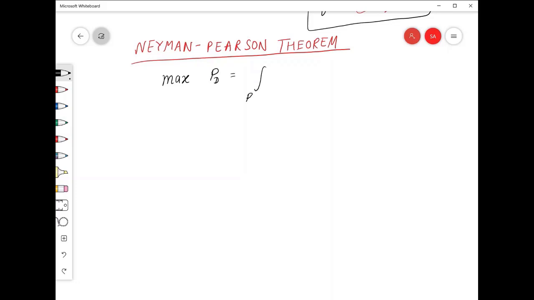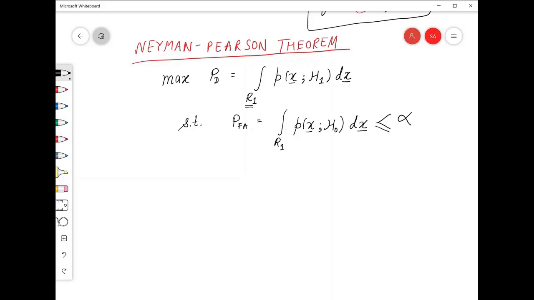Probability of detection, if you remember from our earlier class, is integration over R1 of probability of X given hypothesis 1 is correct, integrating over all points belonging to the region R1, such that my probability of false alarm, which is equal to, again integrating over R1, probability of the observations X given the null hypothesis was correct, integrated over these points, is less than equal to certain threshold alpha.